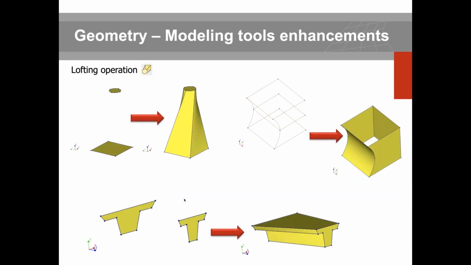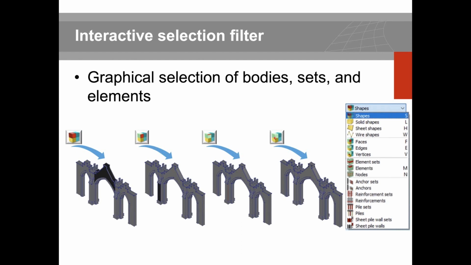You can generate a complex geometry with minimum information using some smart functions available in Diana IE, like the lofting operation. Here are some of the examples. Our selection window is fully interactive and object-oriented.